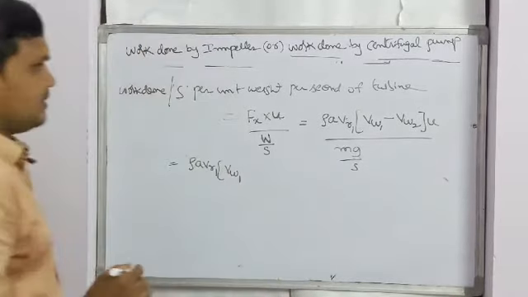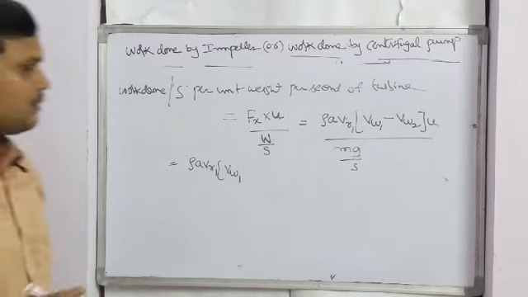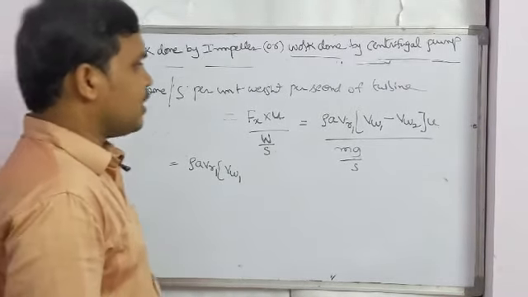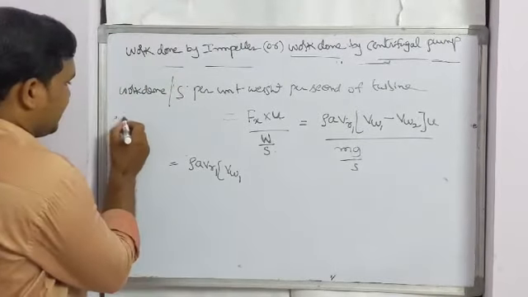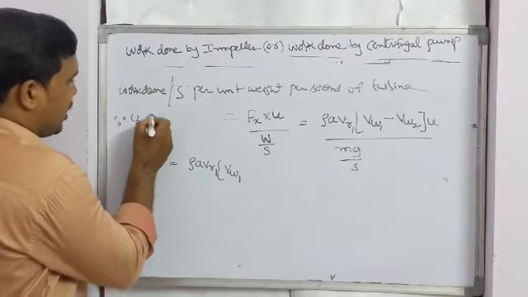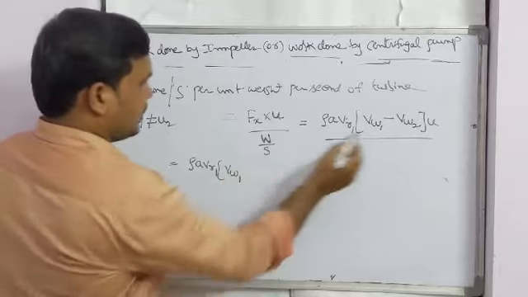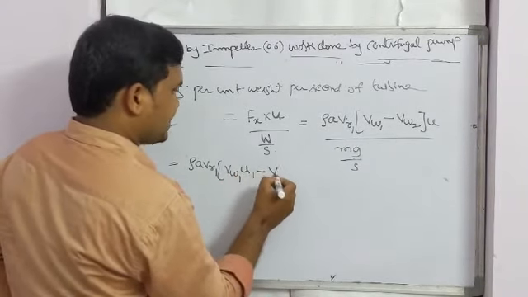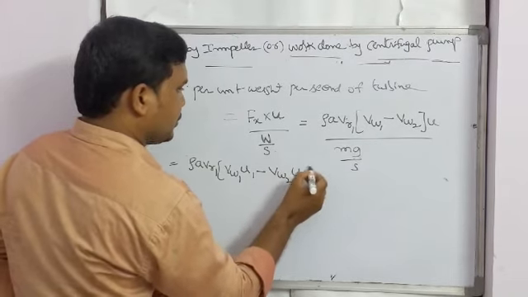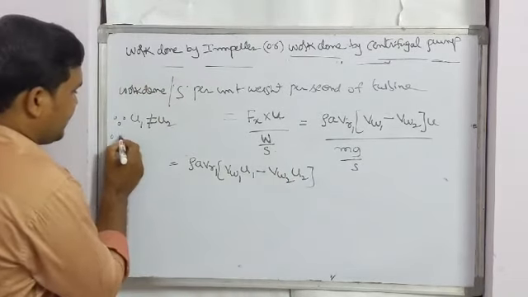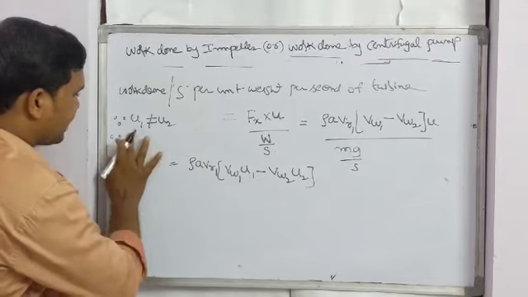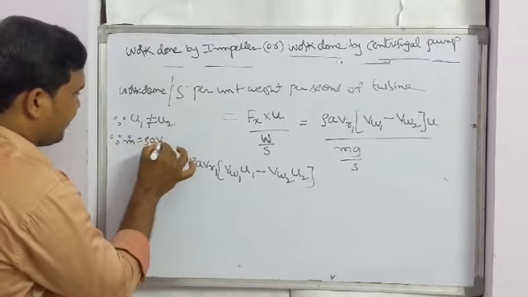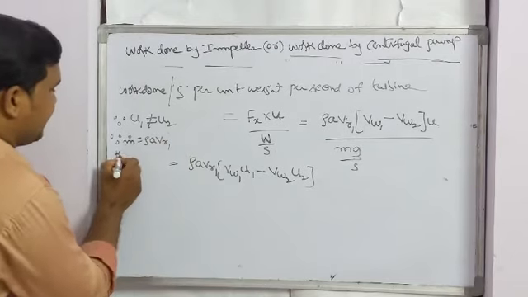Since in the centrifugal pump the inlet impeller velocity and the exit impeller velocity are not the same, meaning U1 is not equal to U2, therefore U is multiplied in both cases: VW1 U1 minus VW2 U2. And we know rho A VR1 is m dot, the mass flow rate in kg per second.